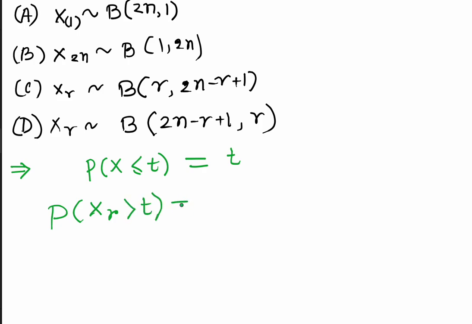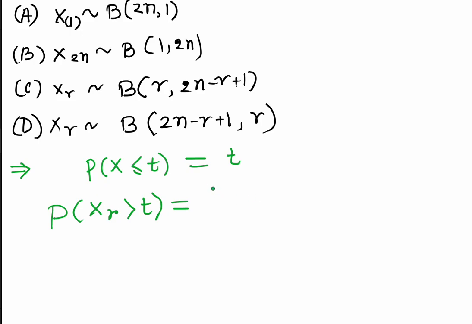If x_r is greater than t, that means r minus 1 variables should be there which are less than t, right?